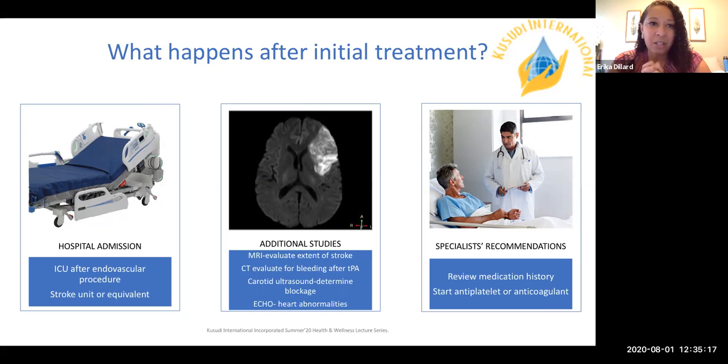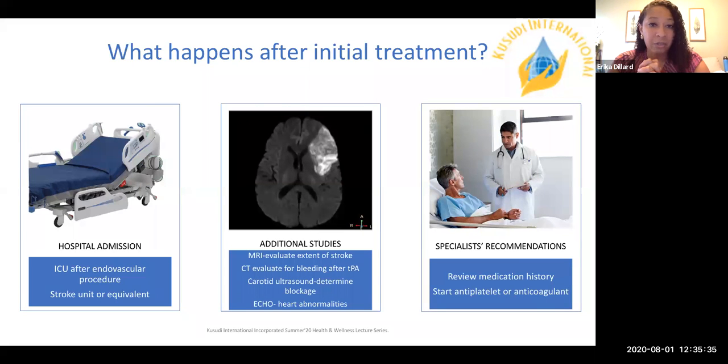After treatment, you'll more than likely be admitted to the hospital, and it's important for you to have some type of supervision by a healthcare professional to make sure that you're not developing any further symptoms after the treatment has been given to you.